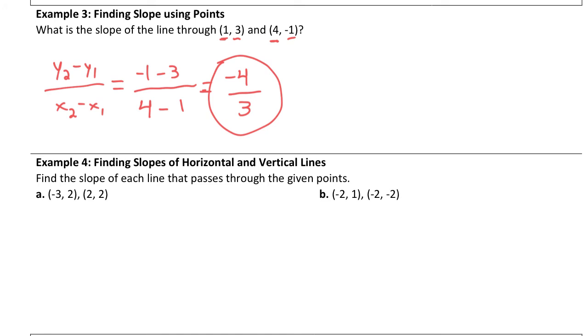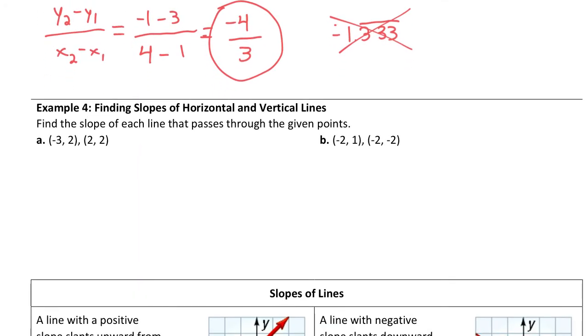If that can be simplified, I will simplify it, but this can't be simplified, so I'm going to leave it as a fraction. I don't want you to write -1.3 repeating. I want the fraction. Fractions are going to be very helpful with slope and graphing later on in this unit, so that's why I want you to keep it as a fraction.